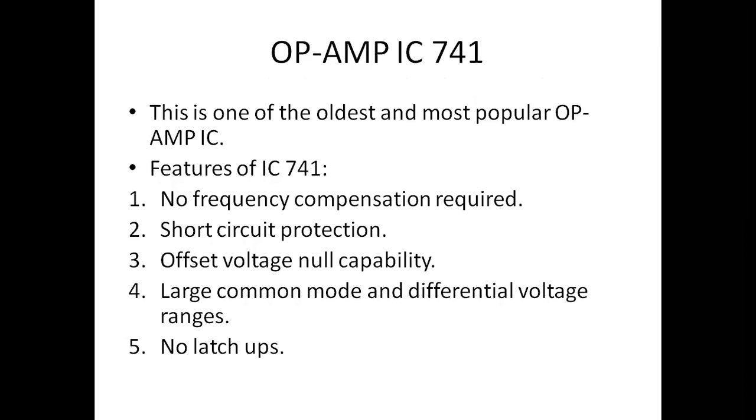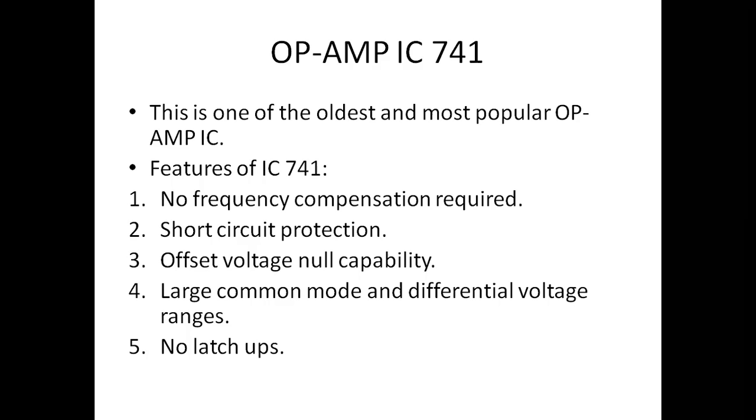Now we are supposed to study about the op-amp which consists of a single IC, that will be the IC 741. This is one of the oldest and the most popular operational amplifier integrated circuits. If you see, there are lots of features IC 741 is having, like no frequency compensation required.